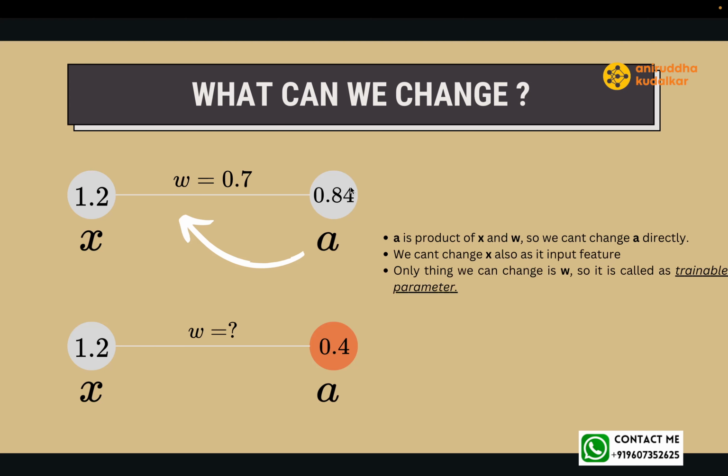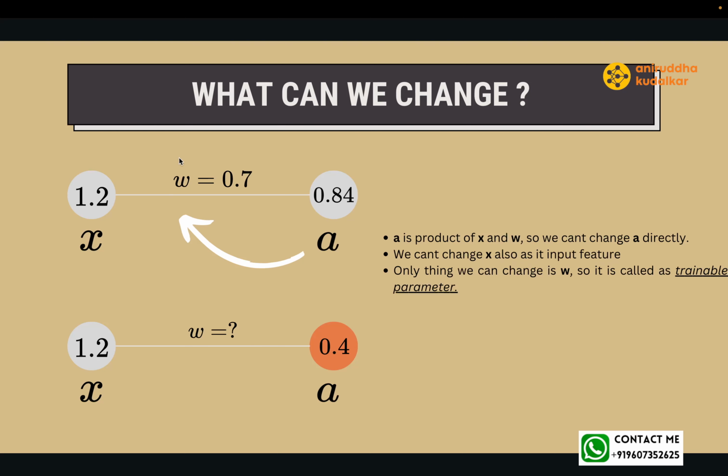So first you analyze: can I change A? No. Can I change X? No. You are going back in the direction and checking what exactly can be changed. This idea is called backpropagation: going back and checking what I can change.